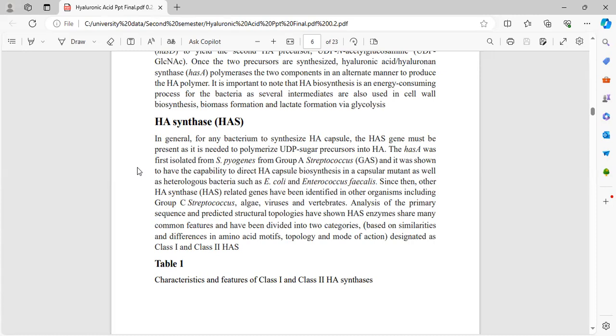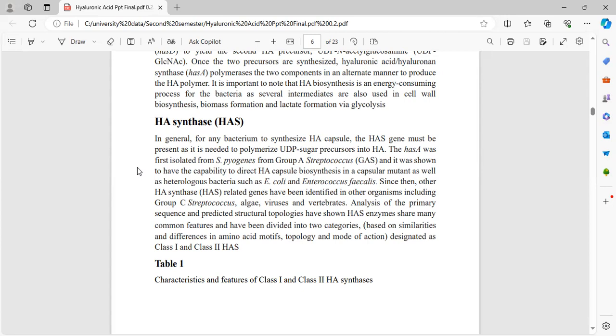Other hyaluronic acid synthase genes have been identified in other organisms, including group C Streptococcus, algae, bifiduses, and vertebrates.